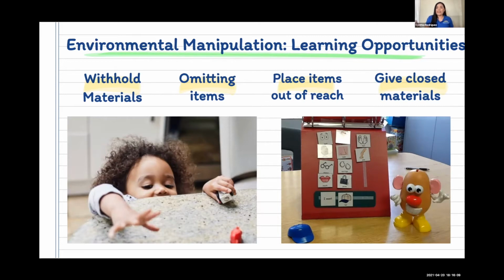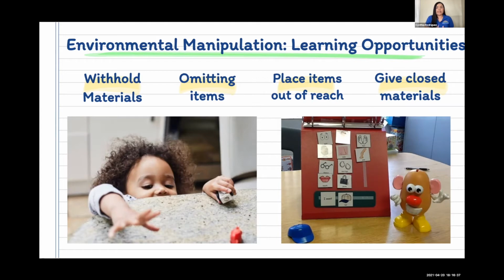And if everything is just simply available to them all the time, we are not creating those learning opportunities. These are some of the ways you could create them. Something as simple as withholding items that they want. If we withhold items that they want, they need to figure out, how do I communicate that I want that item that mommy is holding or daddy's holding? It lets them process and think, what do I need to do to communicate it?